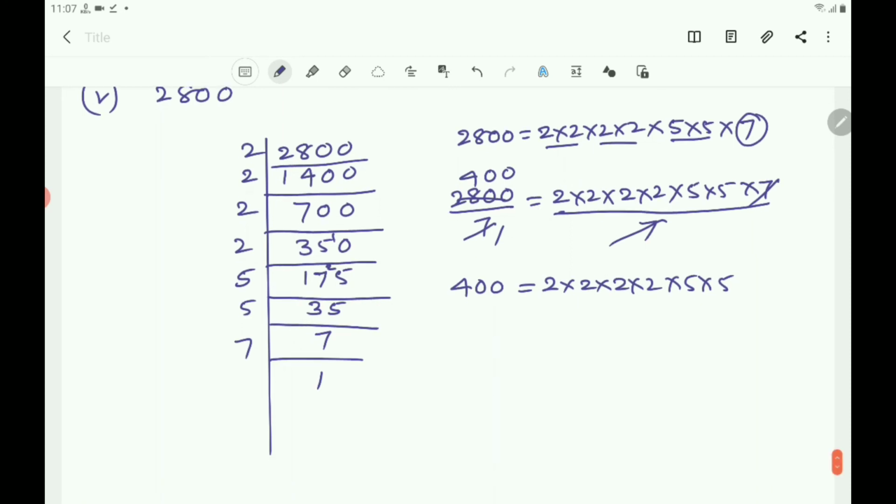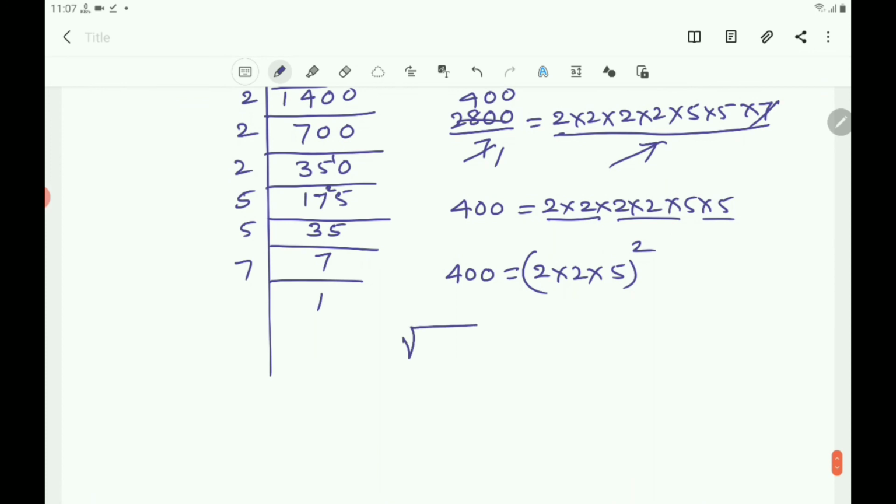Then you know that 400 equals 2 into 2 into 5 whole square. Therefore square root of 400 equals 2 into 2 into 5, that is 20. Square root of 400 equals 20.